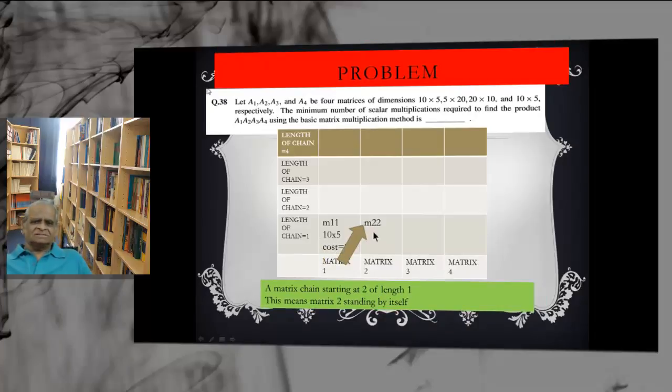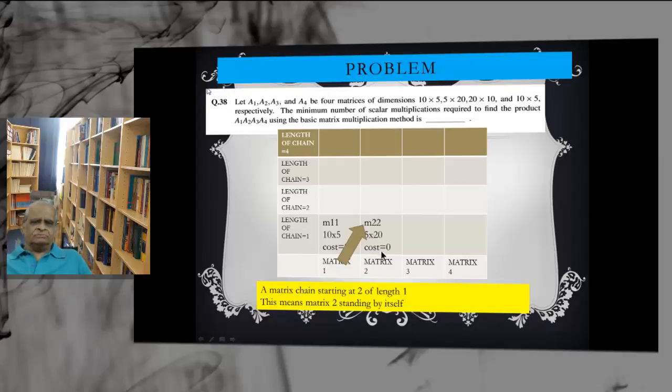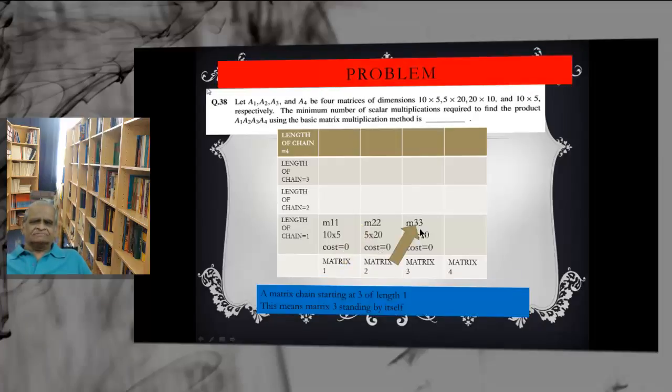Let us consider a matrix chain starting at 2, ending at 2, of length 1. It means matrix 2 standing by itself, 5 into 20. Cost again is 0. Consider a matrix starting at 3, ending at 3, of length 1.